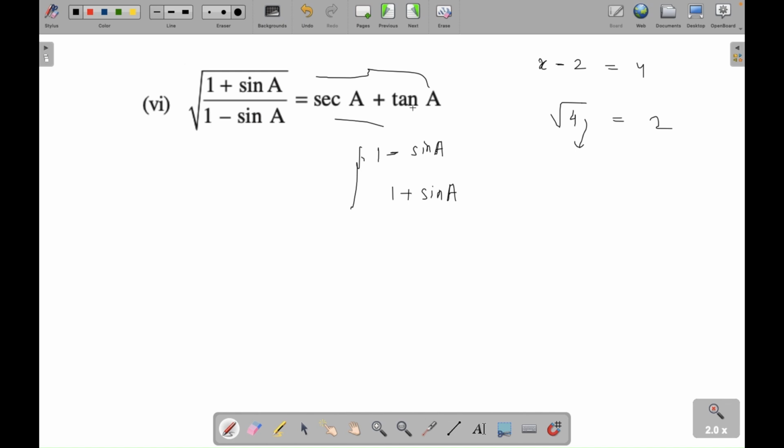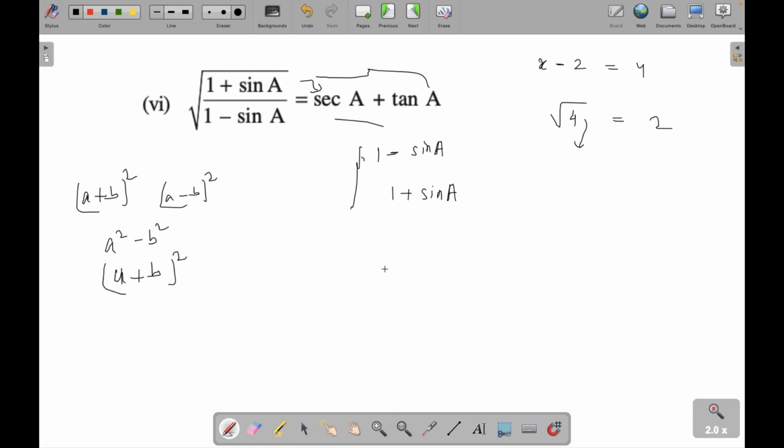When there is nothing in the denominator, the denominator should never be of the form a plus b whole square or a minus b whole square. It should always be of the form a square minus b square. And if the numerator has something, the numerator should always be of the form a plus b whole square.